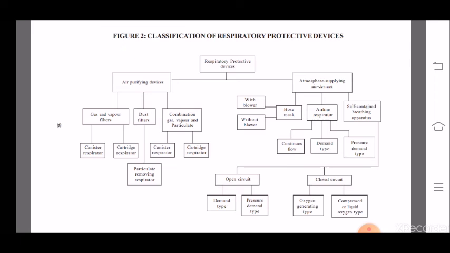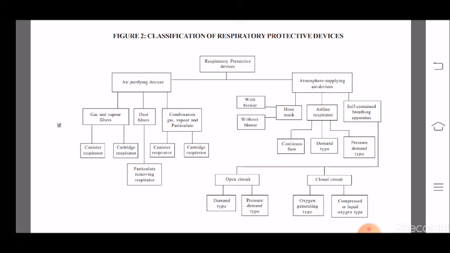The atmosphere supplying devices are introduced with blower and without blower. Hose masks are there. Airline respiratory systems are there. Self-contained breathing apparatus are there. The open circuit self-contained breathing apparatus and closed circuit systems are there.